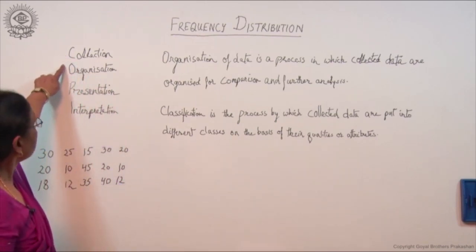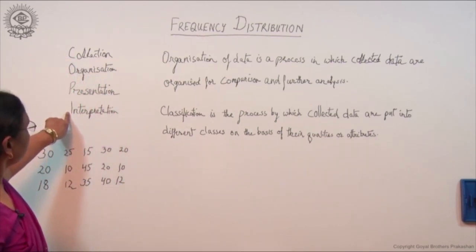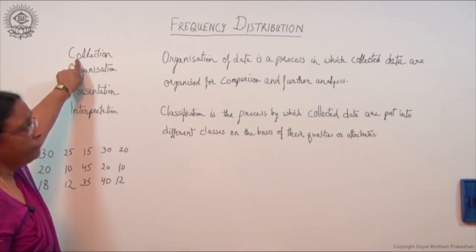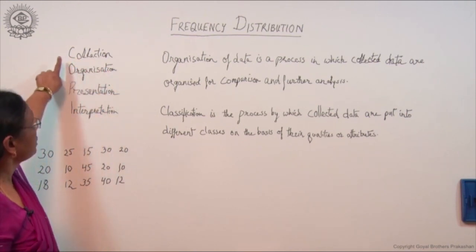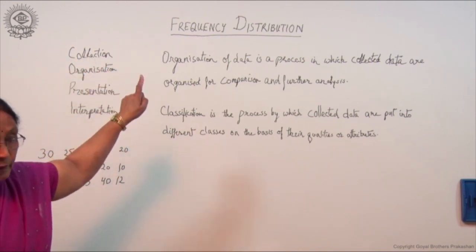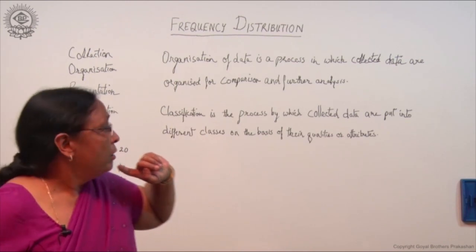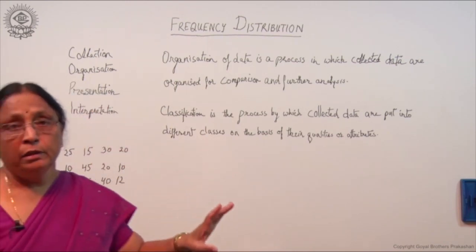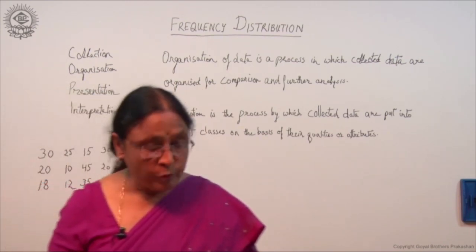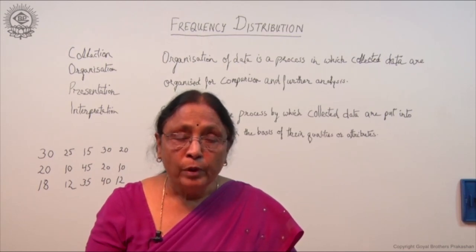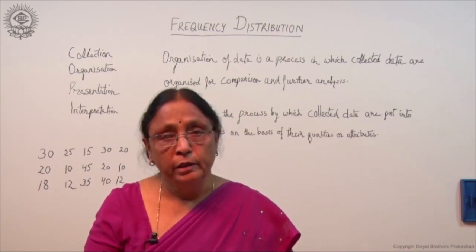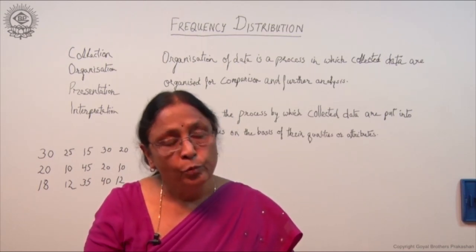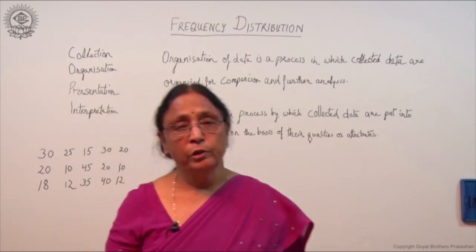Here, as this shows 4 steps, it is clear that the first one is collection of data. This is the first step in statistics. First we collect the data according to our purpose of inquiry. The purpose of inquiry has to be very clear before collecting the data. Suppose you want to do a survey of a particular locality.